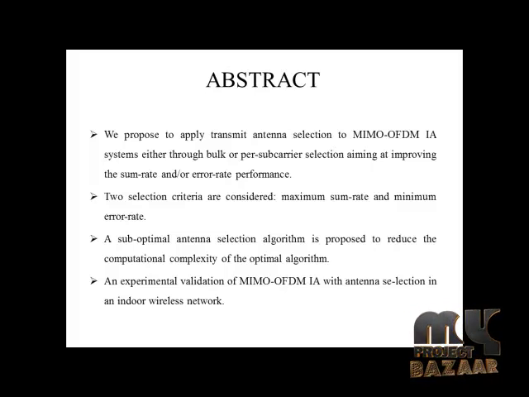Two selection criteria are considered: maximum sum rate and minimum error rate. A suboptimal antenna selection algorithm is proposed to reduce the computational complexity of the optimal algorithm. On experimental validation of MIMO-OFDM IA with antenna selection on indoor wireless network.